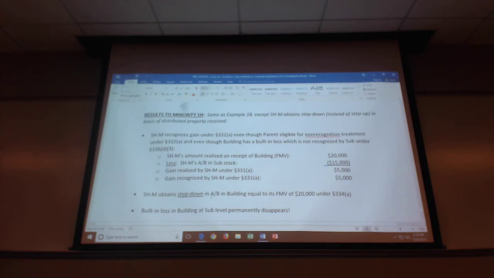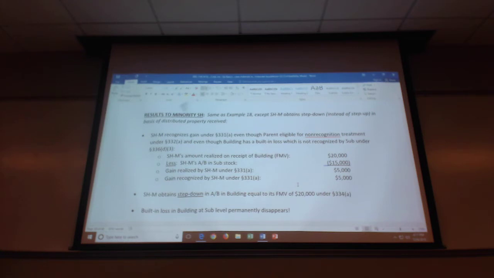Well, it's determined under the regular 331 rules, specifically section 334(a), meaning that the minority shareholder gets a basis of $20,000 in the building based on its fair market value, even though the corporation had a basis of $35,000 and a value of 20.